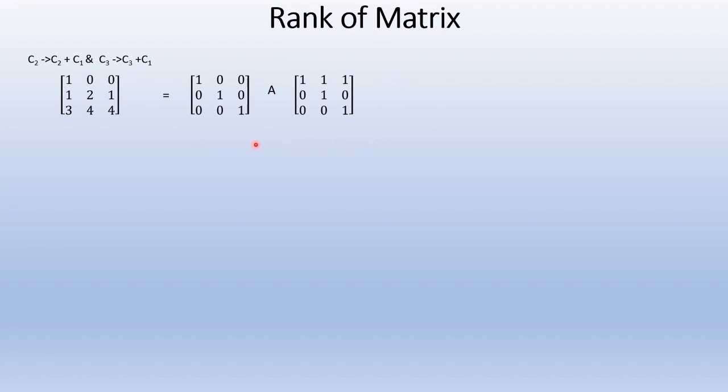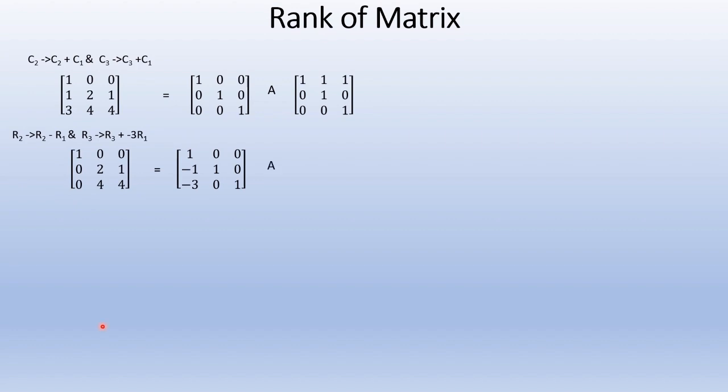Now, R2 is transformed by subtracting R1 from R2 and R3 is transformed by adding -3 times R1 to R3. Since this is the identity matrix with order M, that is M represents row, we perform the same operation here too and we get this. No operation is involved here, as this is of order N which represents column.